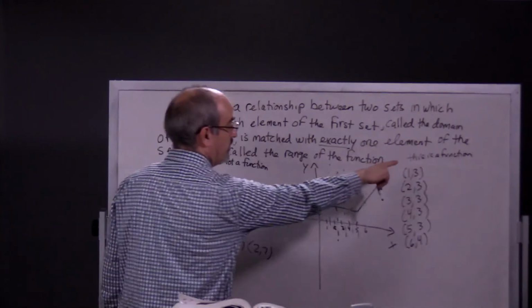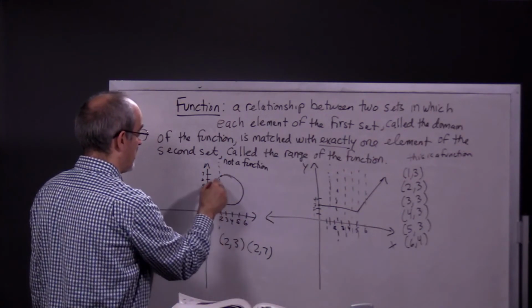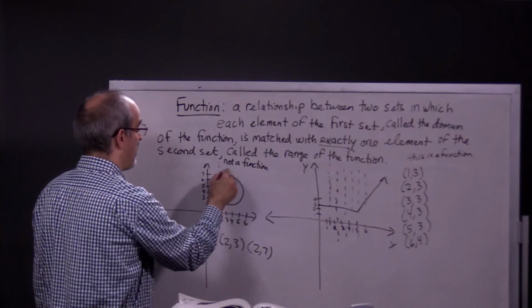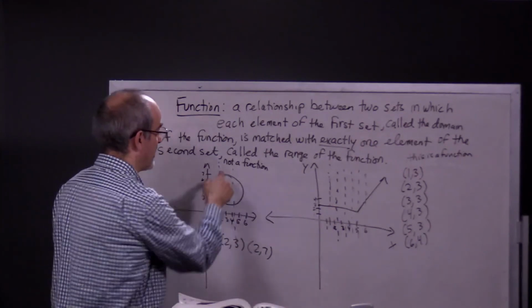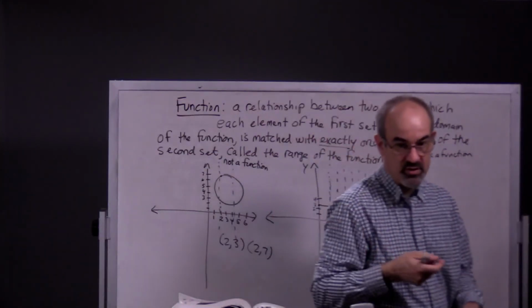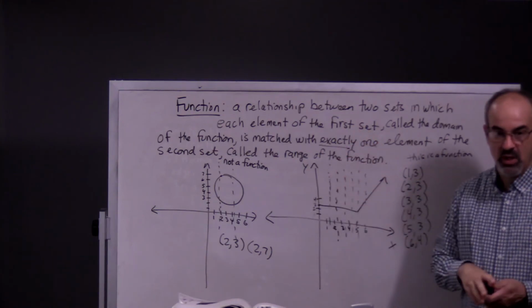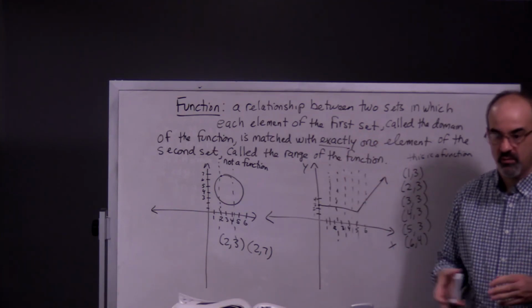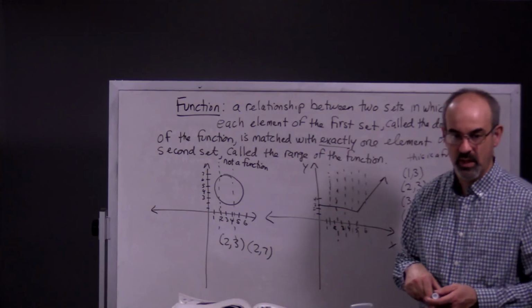So this is a function. If I do vertical lines over here though, this vertical line goes through 2 points, that vertical line goes through 2 points. So this is not a function. Okay, so in the next video we're going to talk about some applications of functions, maybe how to evaluate a function, things like that.